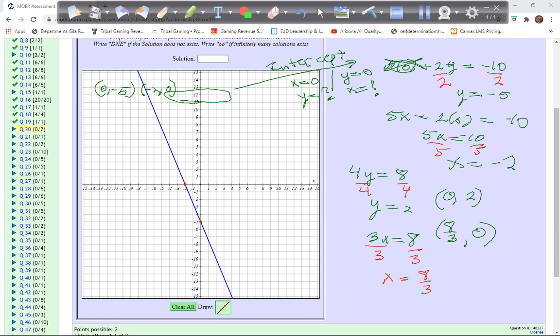When I go to plot another line, (0, 2) is not a problem. I go to (0, 2), there we go. 8/3. No, it's not going to be. It's 8/3. 3 goes into 8 twice. That's like 2. It doesn't let me do that, does it?